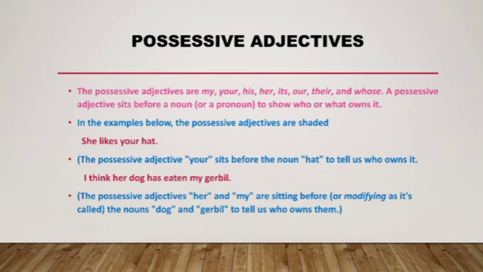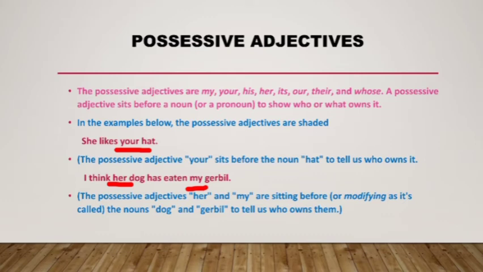Allow me to read some examples of possessive adjectives. She likes your hat. In this sentence, the possessive adjective is your, which is before the noun hat, and that tells us who owns that hat. Take another sentence: I think her dog has eaten my gribbles.